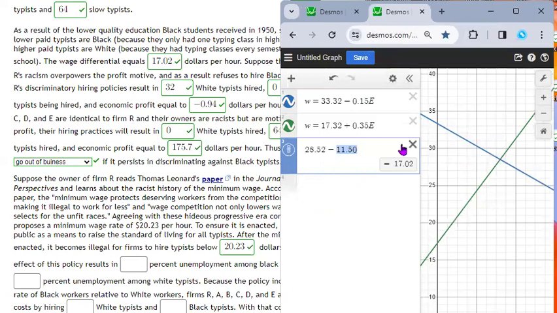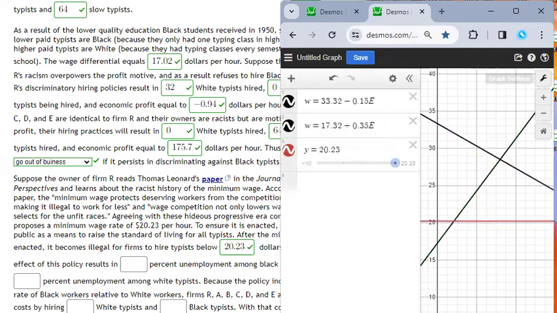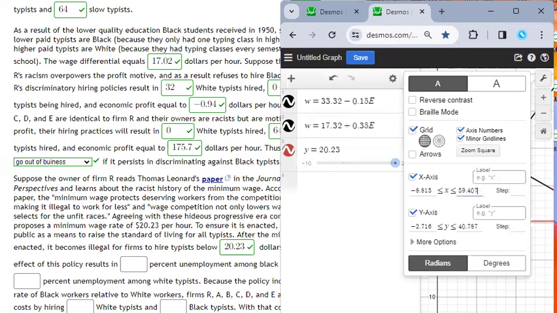And then let's impose the minimum wage. Again, we have to do y equal the minimum wage, and the minimum wage is 20.23. And then we got to reset the x-axis. So, I don't know, 100. There we go.